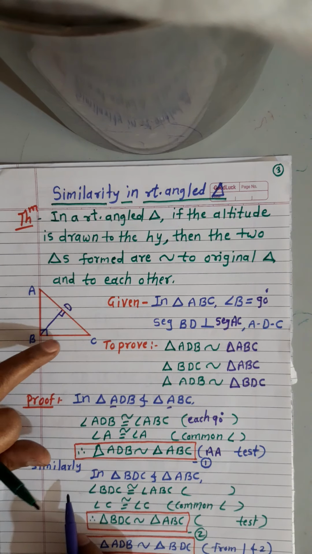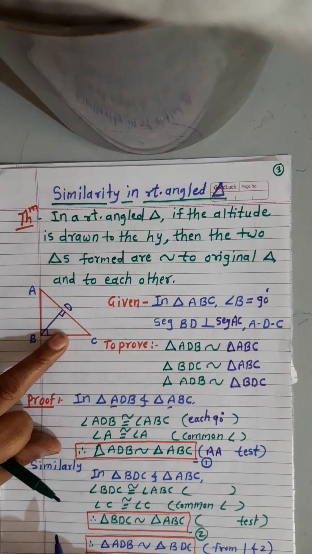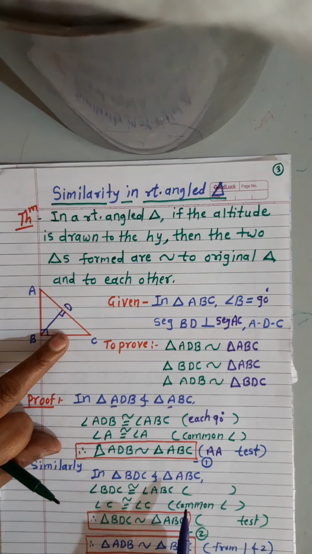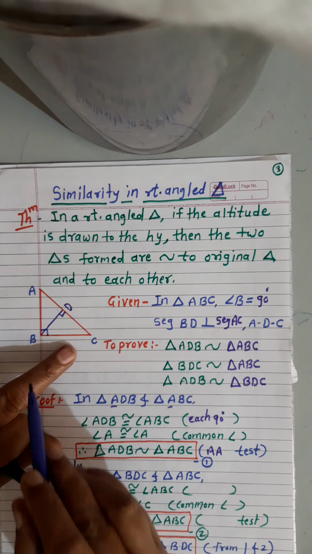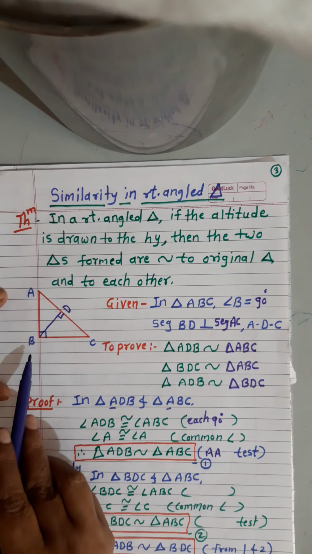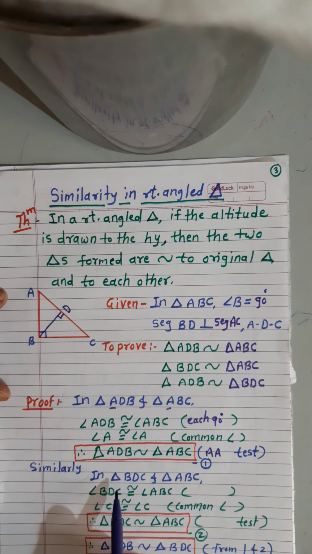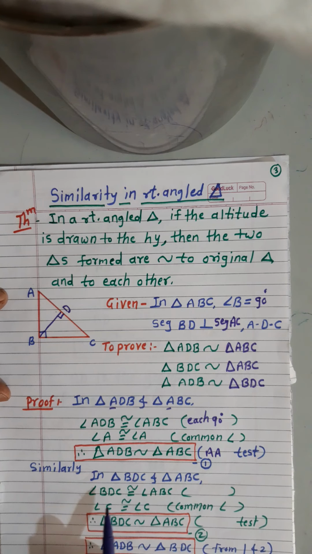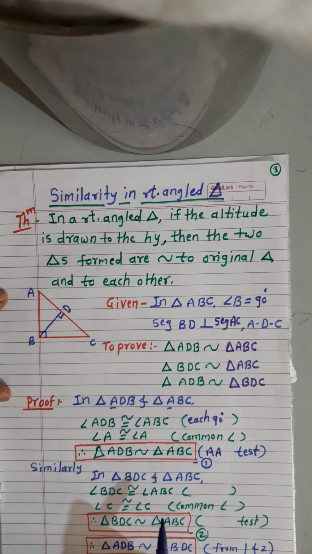Similarly, now see the second small triangle. In triangle BDC and the big one, triangle ABC, remember this sequence. Angle BDC is congruent to angle ABC.